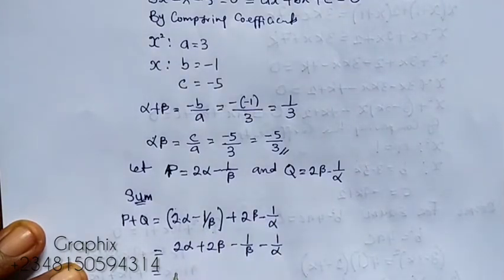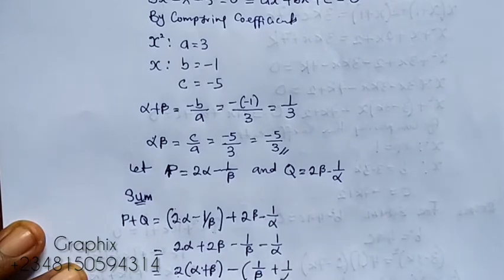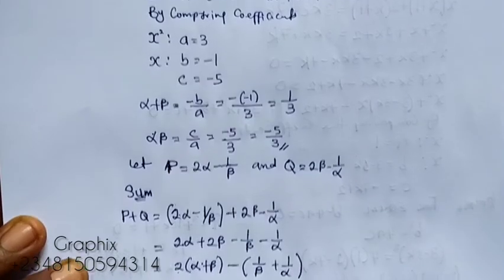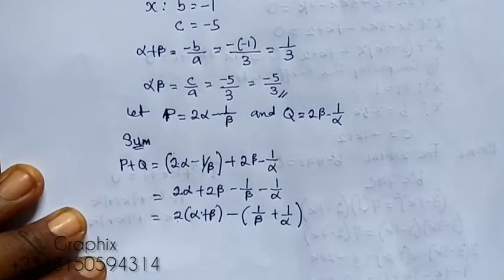So what is common here? 2 is common. I'll be left with what? Alpha plus beta, because 2 times alpha gives 2 alpha, 2 times beta gives 2 beta. What is common here? Minus. I bring out the minus, right? So I'll be left with 1 all over beta plus 1 over alpha. Are we good?